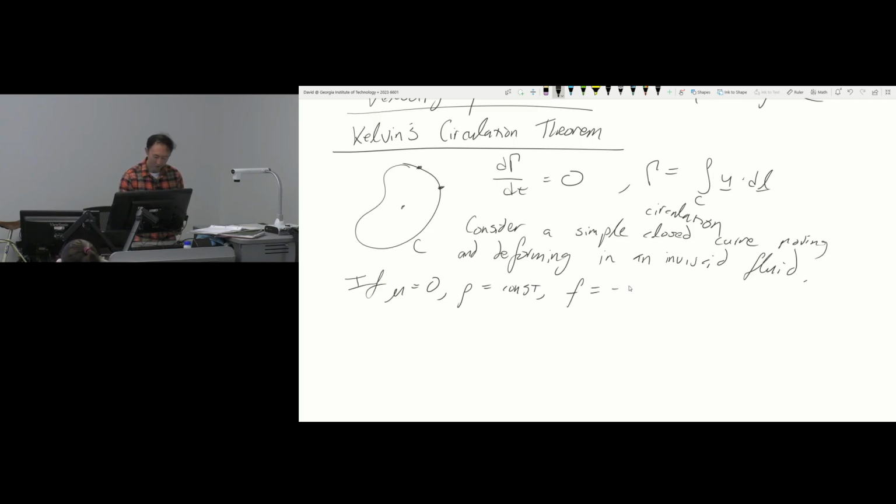If the only body force is due to a conservative force, which is gravity, then Kelvin said the circulation doesn't change. In other words, d gamma/dt is equal to 0.